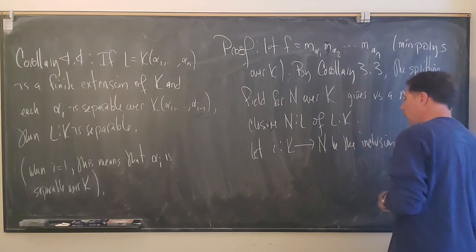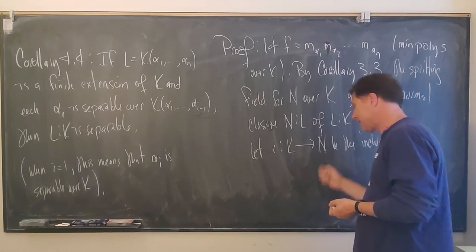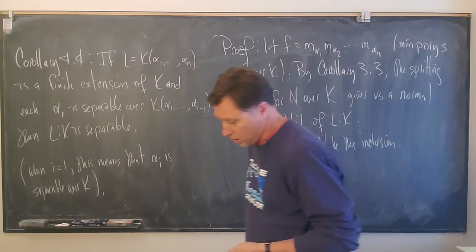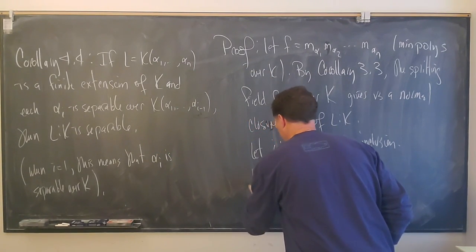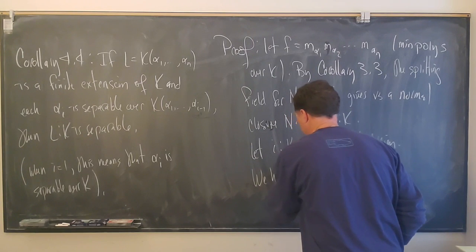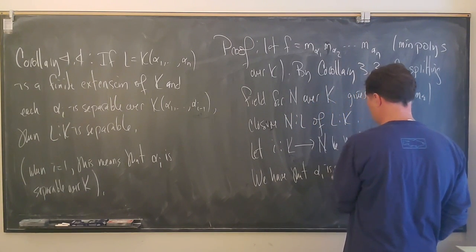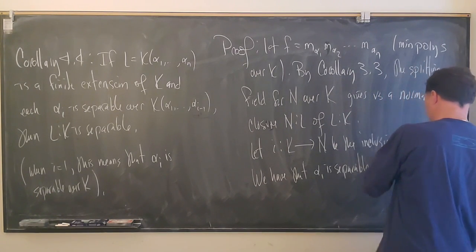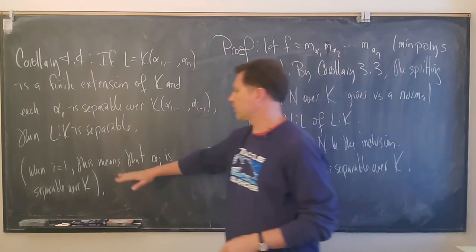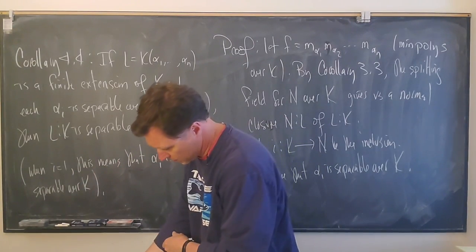It behaves as the identity on every element of K, and it just puts it inside N. Now we have that alpha 1 is separable over K. That was the part I wrote in the parentheses right here, so this is getting the process started.